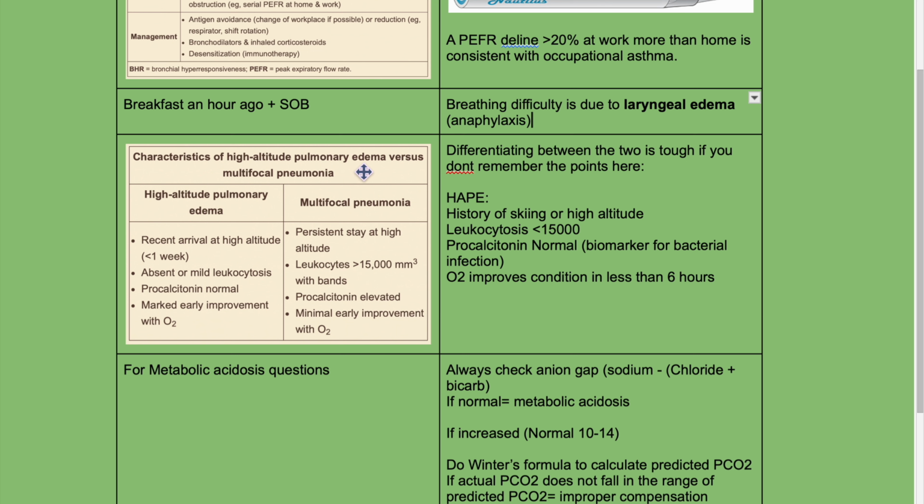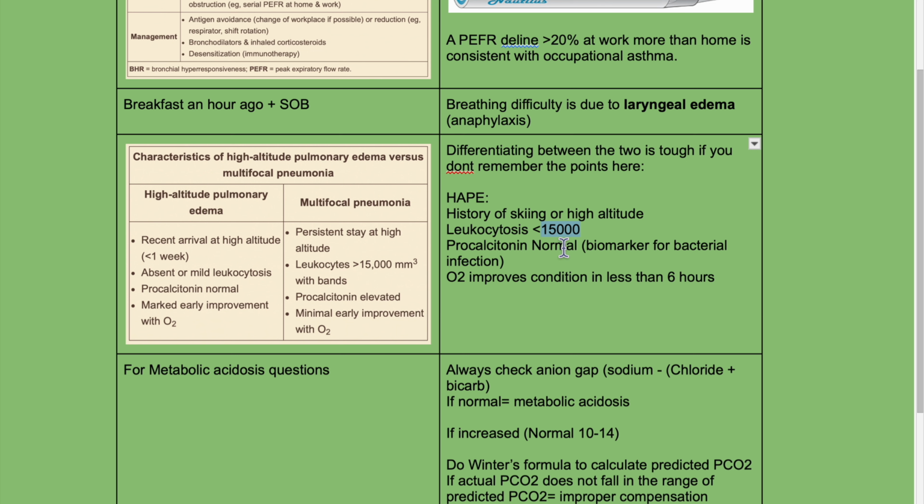Characteristics of high altitude pulmonary edema versus multifocal pneumonia. If you had to differentiate between them, this is what you need to remember. High altitude pulmonary edema: history of skiing or high altitude, like mountaineering. There will be leukocytosis, but it will be lower than 15,000.